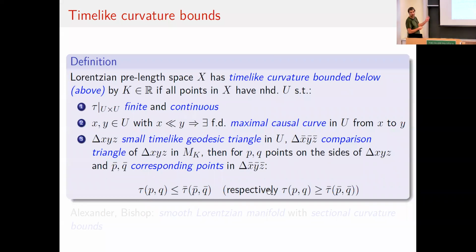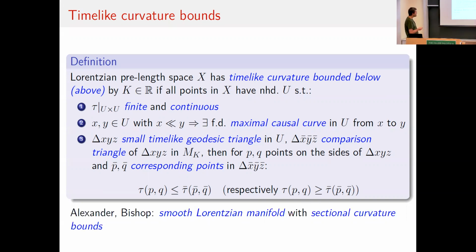So this is the other way around as in the metric case. And the same thing, if you have curvature bounded above, then again the inequality flips and you have that this is bounded below by the time separation in the model space. And by work of Alexander and Bishop, you know that smooth Lorentzian manifolds with sectional curvature bounds, as I defined at the beginning, are examples of spaces which have this kind of curvature bound.